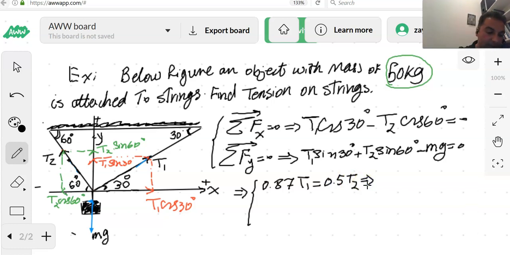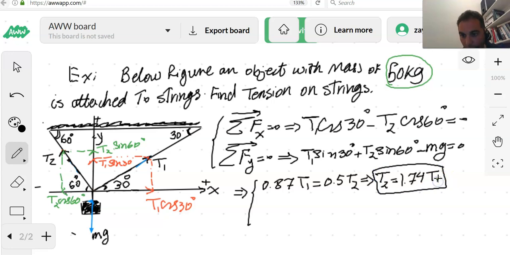Now guys, here I can find T1, or I can find T2 actually, it doesn't matter. So let's find T2 here. T2 will be 0.87 divided by 0.5, which is 1.74. Correct? So using this equation, we found T2 is 1.74 T1.